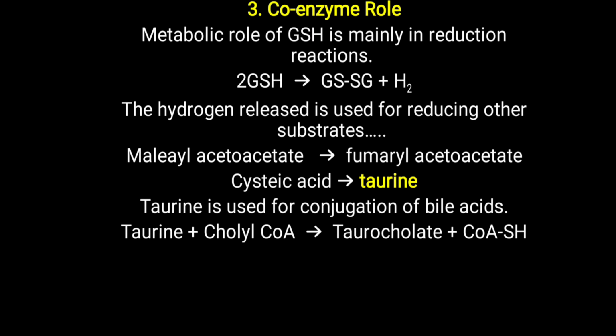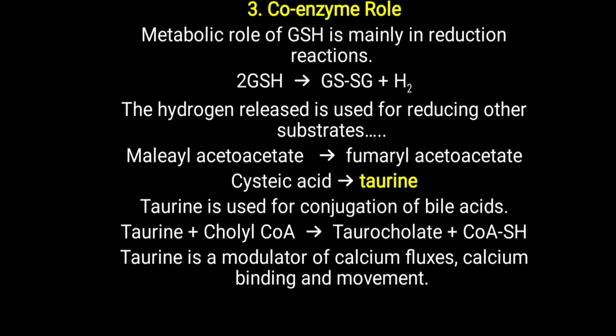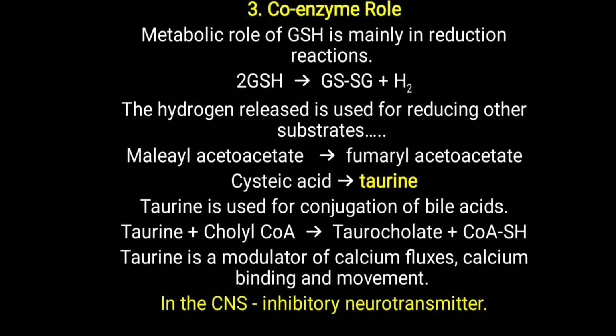You already know taurocholic acid or taurocholate, which is one of the important bile salts. That bile salt is produced with the help of taurine, but for the formation of taurine this glutathione is needed. Taurine is a modulator of calcium fluxes, calcium binding and movement. Apart from that, taurine, particularly in the CNS, works as an inhibitory neurotransmitter, which we will look at separately under taurine, but at present you remember that for the formation of taurine this glutathione is needed.